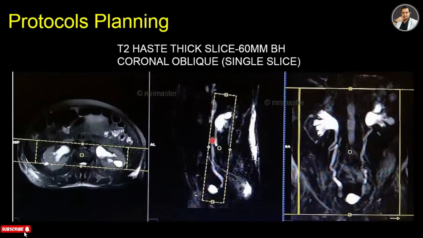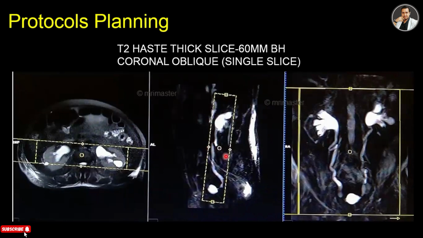And these are the T2 HASTE thick slice 60 millimeter. So these thick slice images will give you a highly T2-weighted image like the MRCP protocols, and it will give you a full image of the kidneys and ureter and bladder.